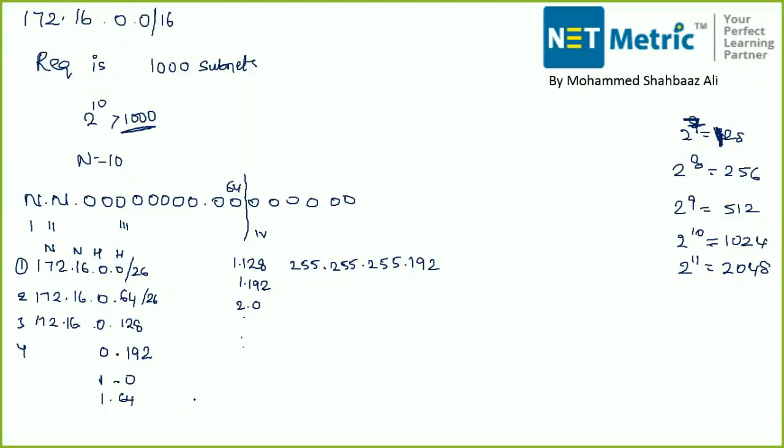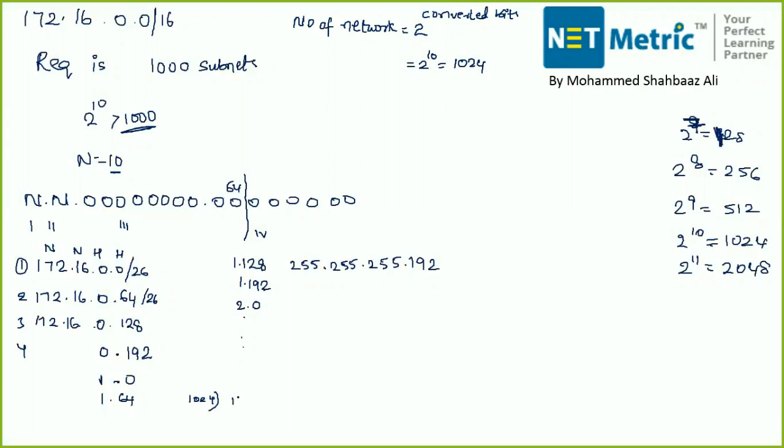How many networks do we actually get? The number of networks is equal to 2 power the number of converted bits. Here we have converted 10 bits, so you will get 2 power 10 subnets. 2 power 10 is 1024.